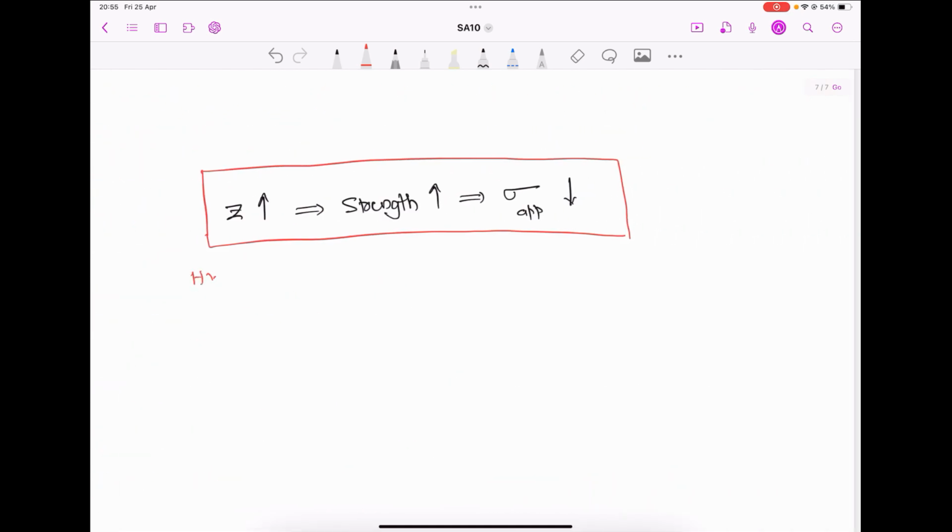Homework I will give. Calculate the moment of inertia and center of gravity of the L beam given, the L angle.